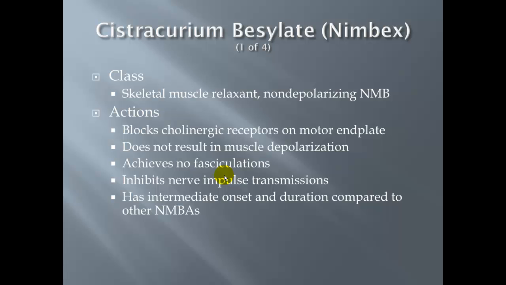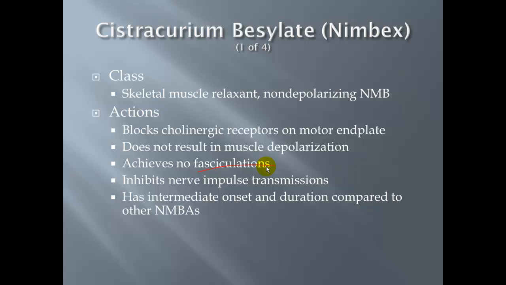Cisatracurium besylate or Nimbex. Class on this is going to be skeletal muscle relaxant, non-depolarizing neuromuscular blocking agent. Blocks cholinergic receptors on the motor end plate. As the actions on this, does not result in muscle depolarization, achieves no fasciculations, and again, this whole depolarization of the end plate is what gives us the fasciculations.